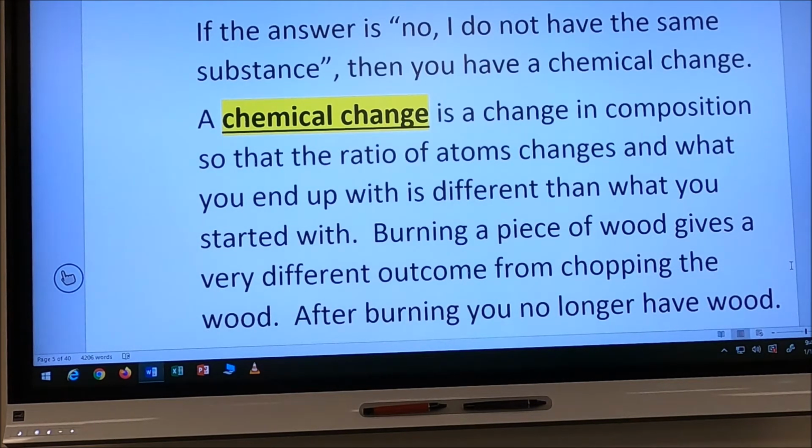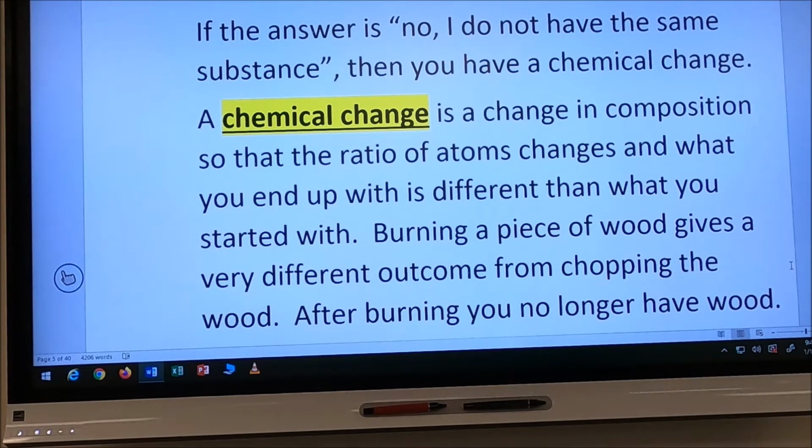Now, if you do something with a substance and afterwards you don't have the same substance, then what you've accomplished is a chemical change. A chemical change is a change in composition so that the ratio of atoms changes, and what you end up with is different than what you started with. It's going to have a different set of physical properties.